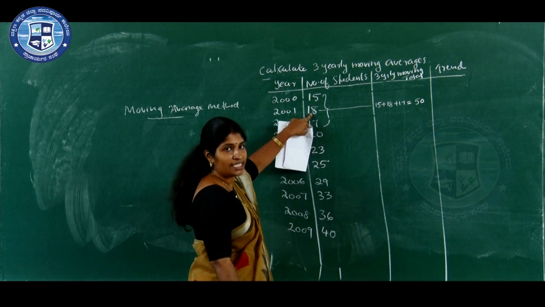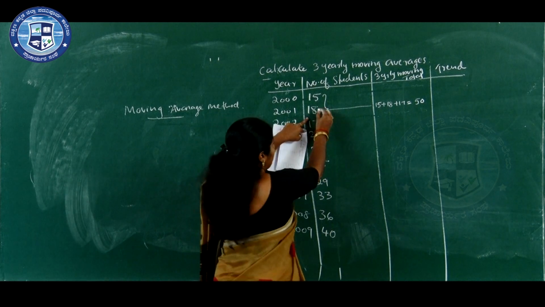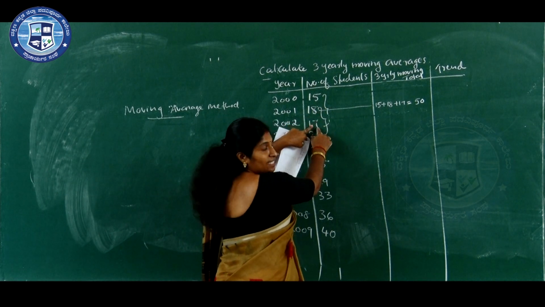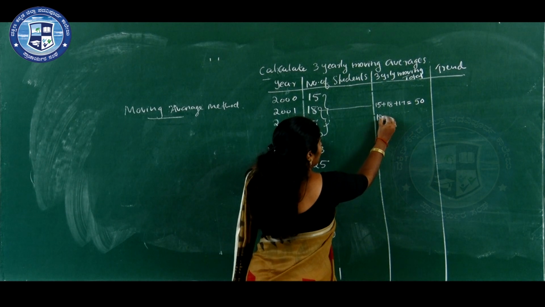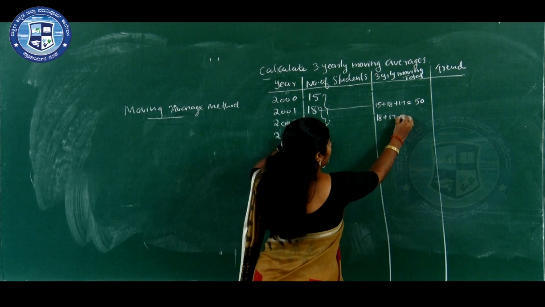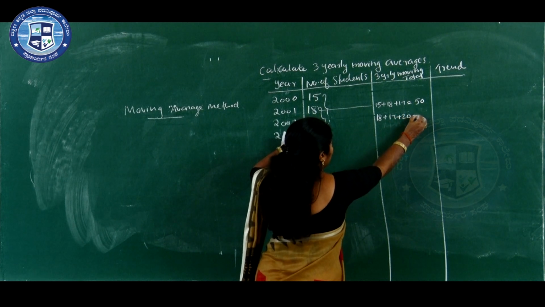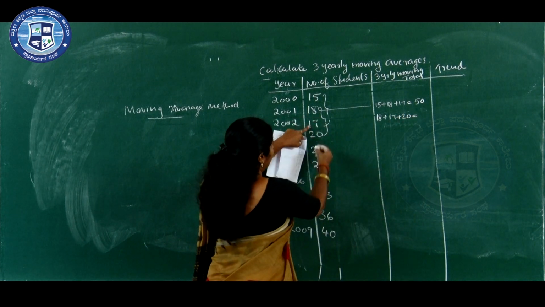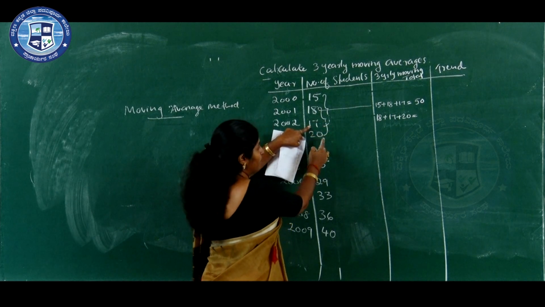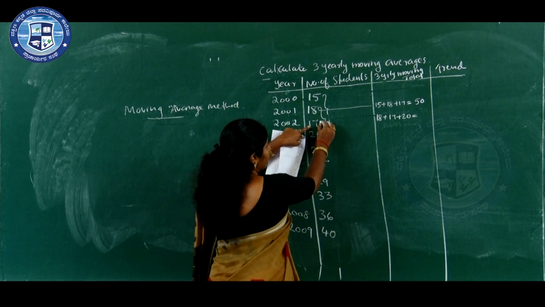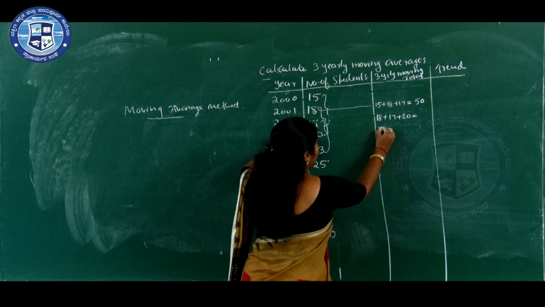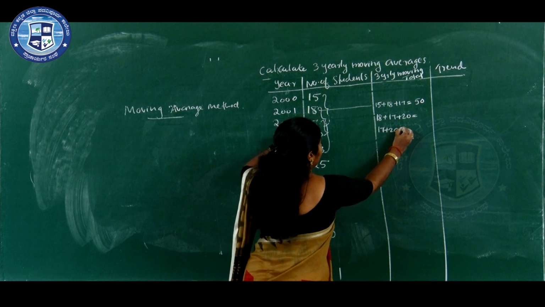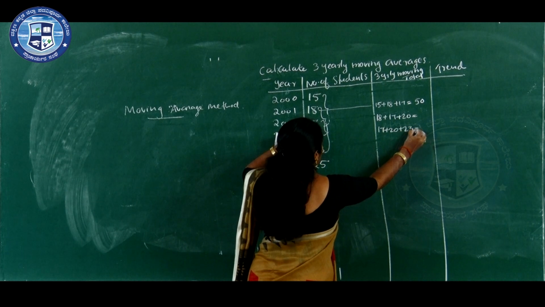Then consider the next 3 values, that is 18 plus 17 plus 20, that you have to write here. Next 3 values are 17 plus 20 plus 23.